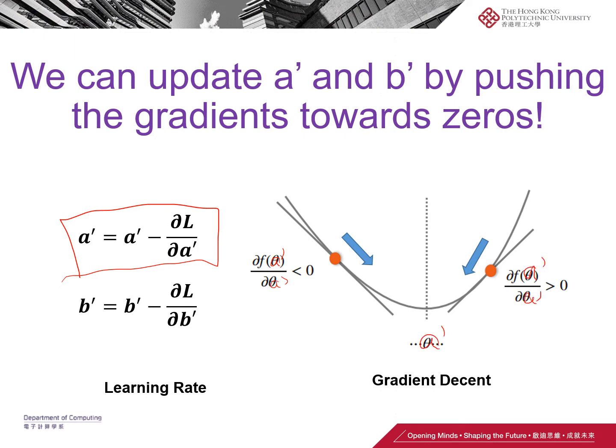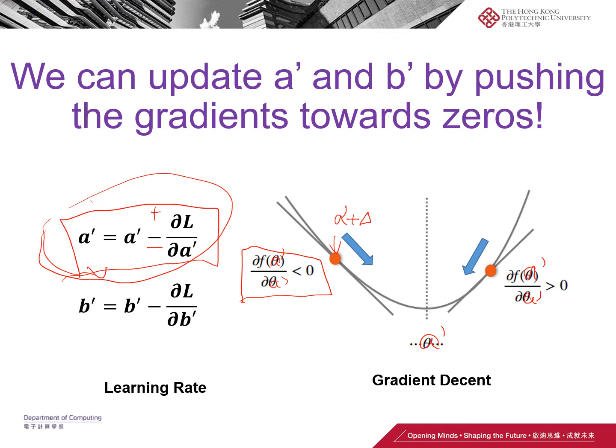So this is the function we can use to update the A prime every time. Let's say that the current A prime is here. So at this point, the partial derivative is less than 0, and by minus a value less than 0, we are actually adding a little bit of shift to the original A prime.